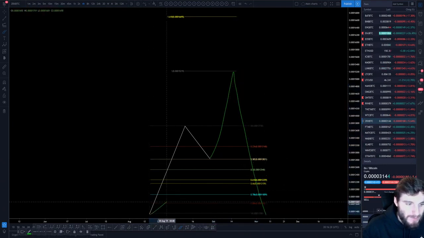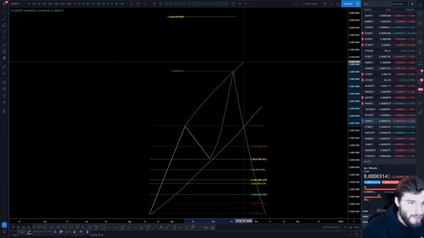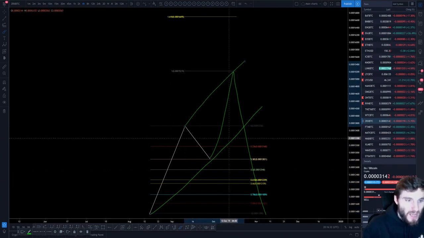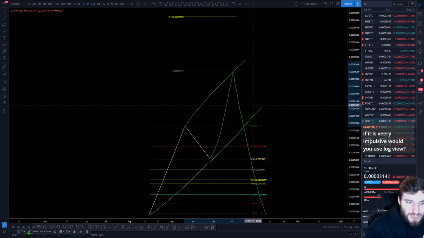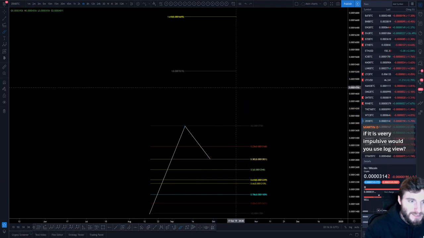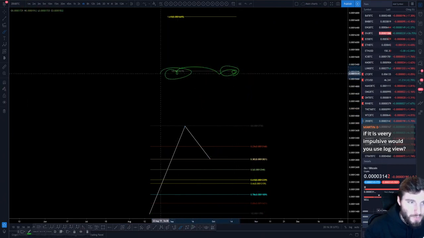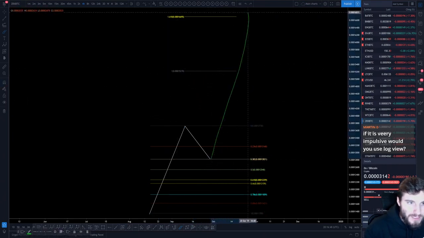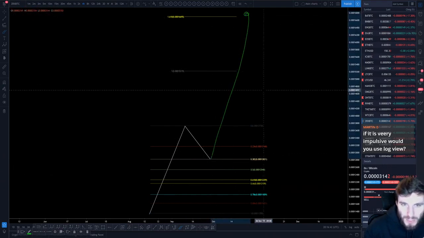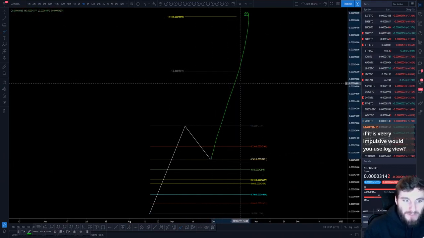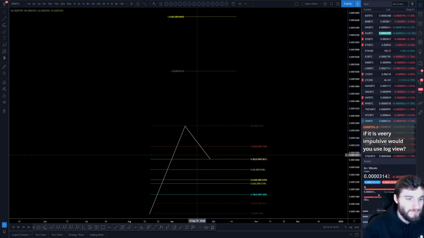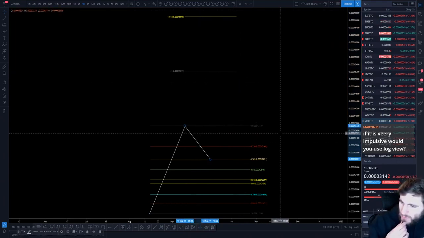And this is like a really big channel, essentially. So that's just one thing to bear in mind, that I would always be taking profits at this 1-to-1, even if you think it's going up here, because there are a lot of times where it turns around there, even temporarily, before moving up.